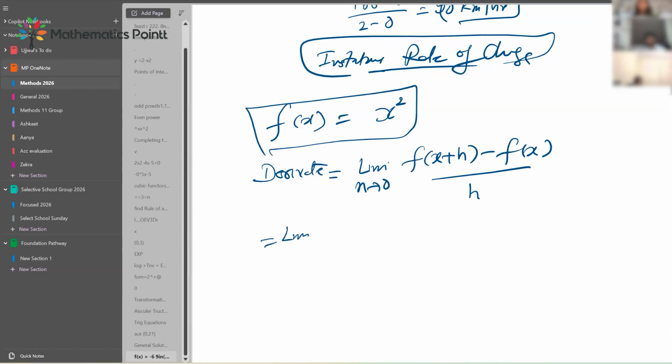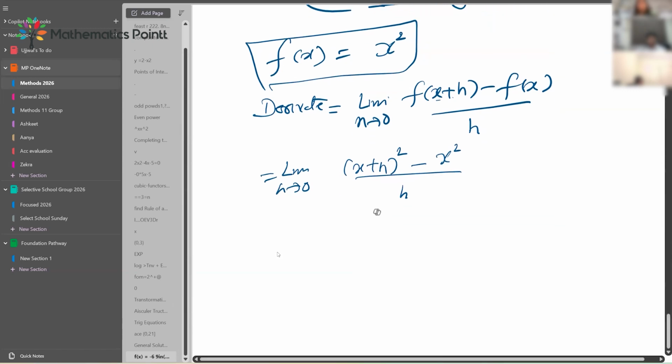So I will say limit h approaching 0, f of x plus h. So can I say (x plus h) squared, take away x squared, over h? Let's just solve it algebraically.